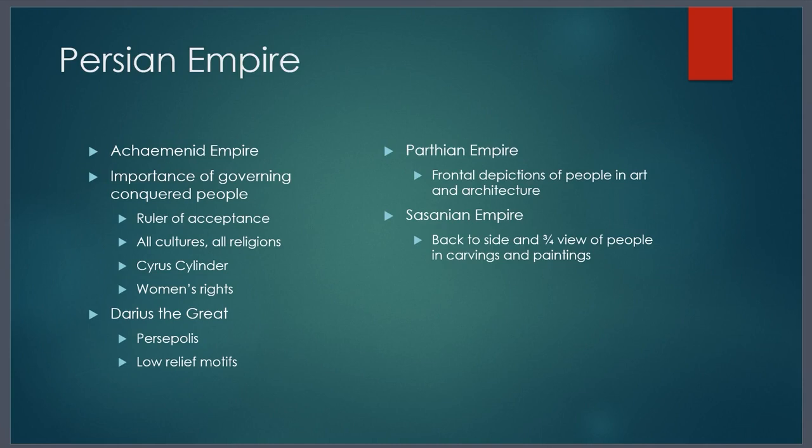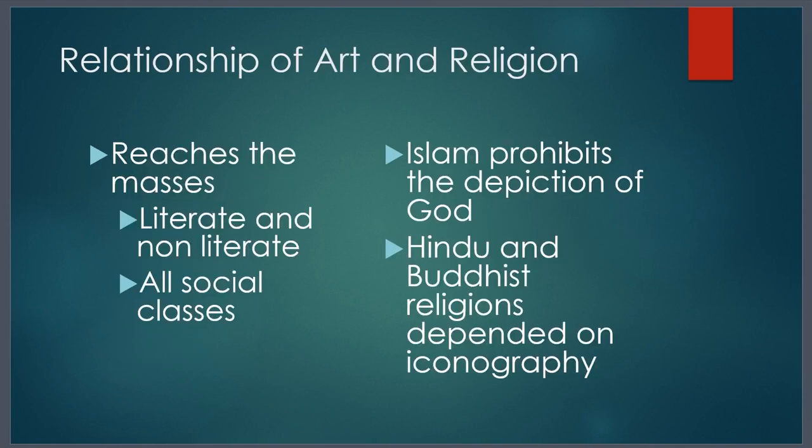And so what we see in this architecture and also in the art is we go from seeing the side view of the person depicted in the art to now a full frontal view of the person and the person's body. And you're going to see this in the architecture and the art. And then after that, the Sasanian Empire, we go back to the side view and the three-quarter view of people in carvings and paintings.